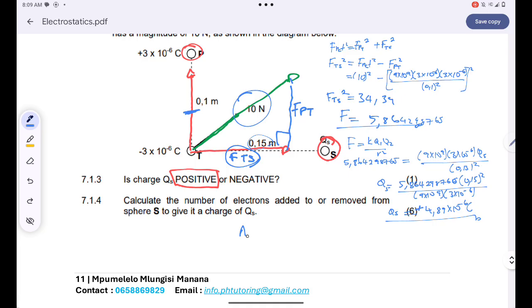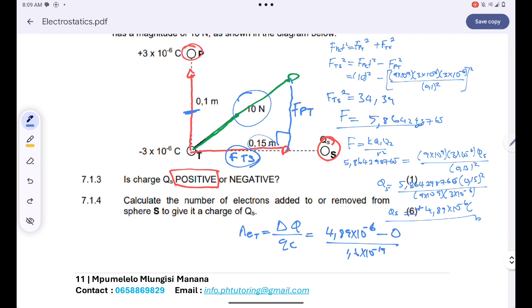Always say the number of electrons transferred is the change in the charge all over a unit charge. That's 4.89 times 10 to the power negative 6 minus 0 all over 1.6 times 10 to the negative 19.